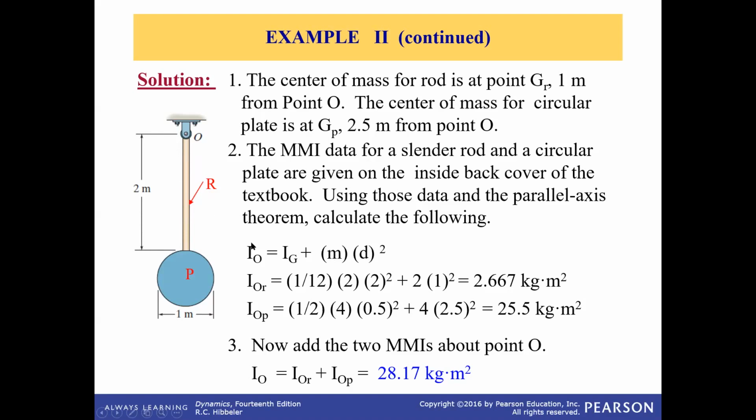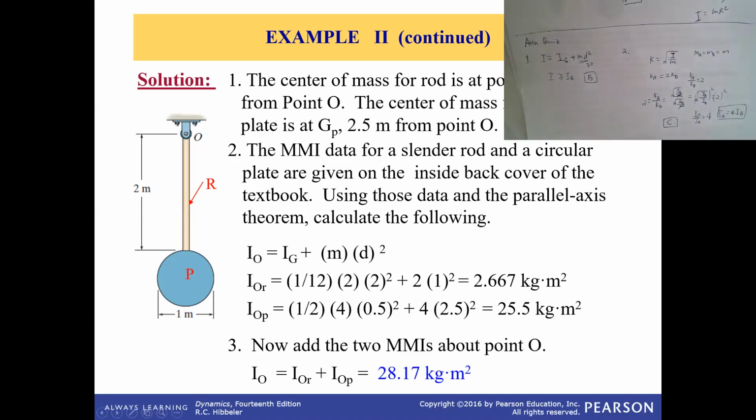And you'll do this for the circular plate as well. For the rod here, it's 1/12 if you are looking for the axis going through the center of the rod, which is the midpoint. It doesn't give you this directly, but you can calculate it.